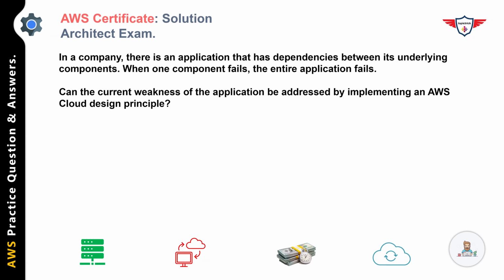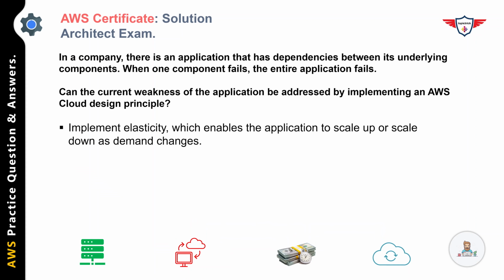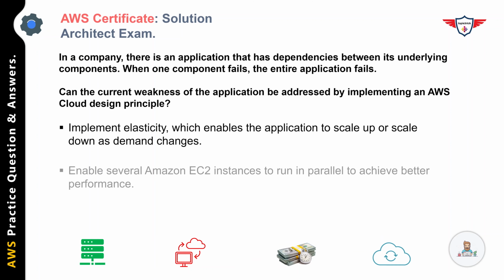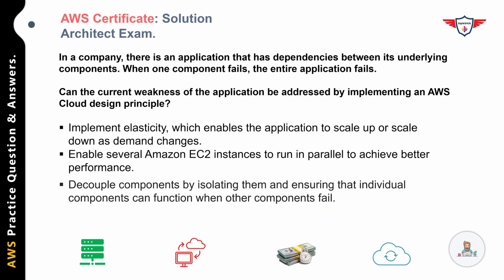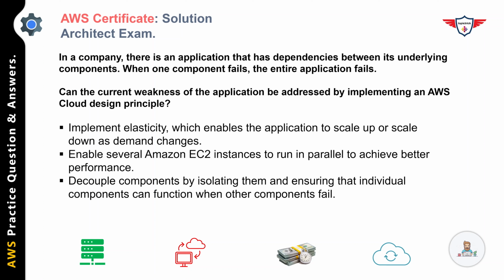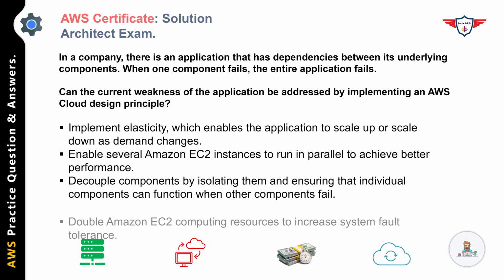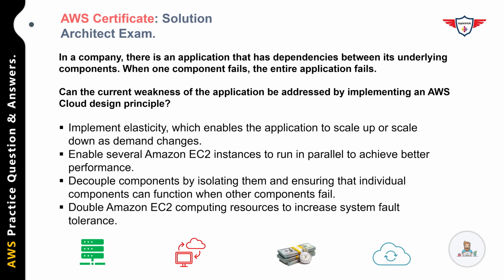And your options are: implement elasticity, which enables the application to scale up or scale down as demand changes; enable several Amazon EC2 instances to run in parallel to achieve better performance; decouple components by isolating them and ensuring that individual components can function when other components fail; double Amazon EC2 compute resources to increase system fault tolerance. The correct answer is option C.